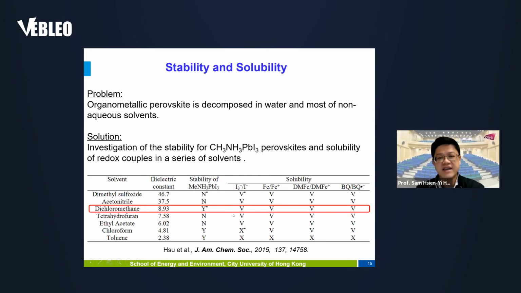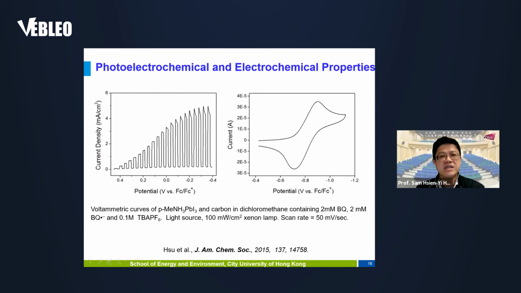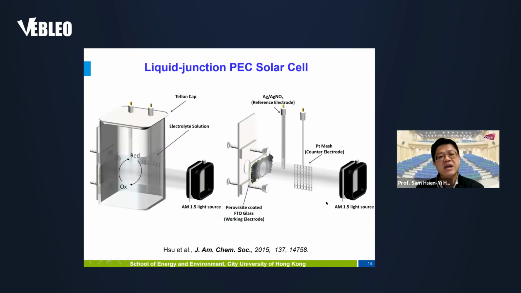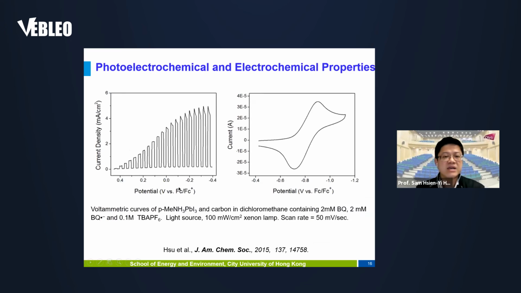Then we investigated a series of redox couples: iodide/iodine, ferrocene/ferrocenium, dimethyl ferrocene/ferrocenium, and benzoquinone/benzoquinone radical anion. We found benzoquinone and the benzoquinone radical anion show the strongest photoelectrochemical response.